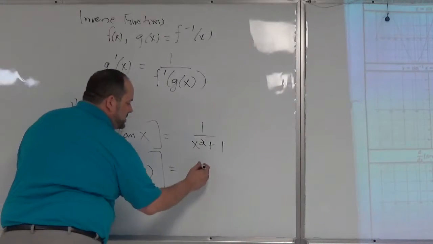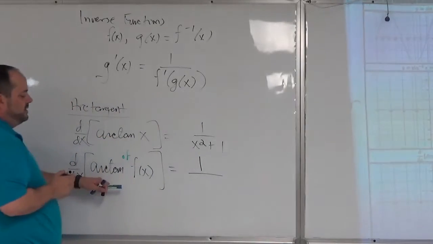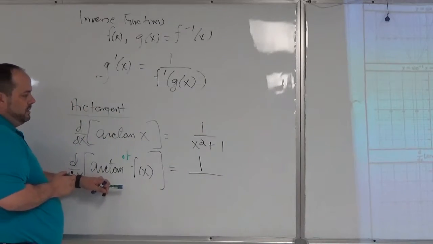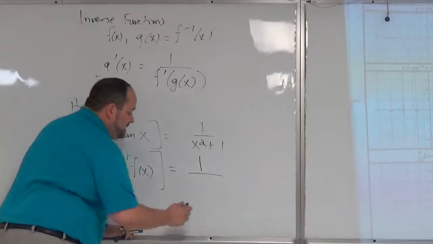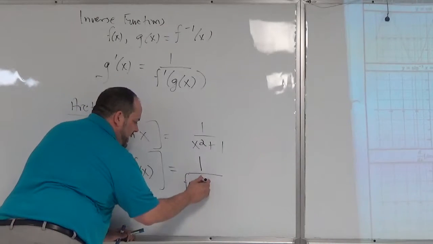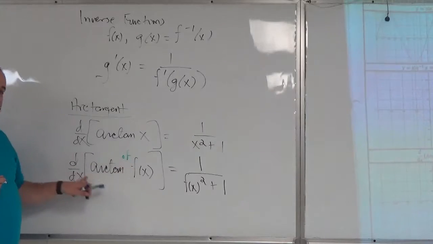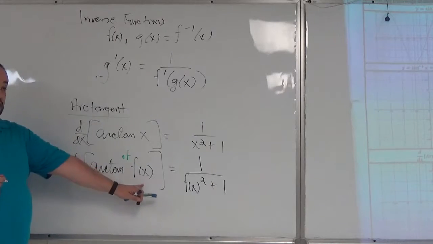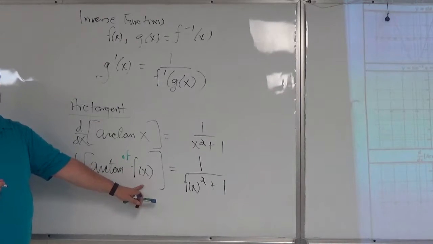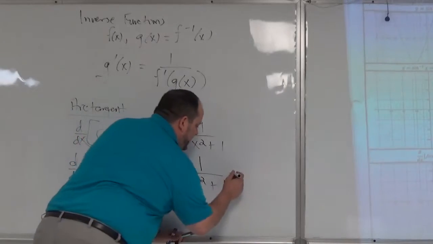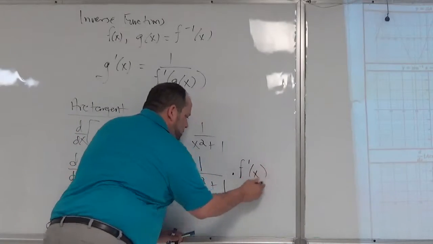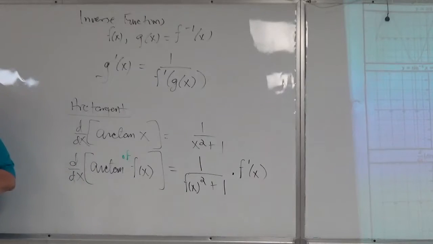The derivative of the mother function, so this is going to be 1 over, it used to be 1 over x squared plus 1, this has to be 1 over f of x squared plus 1. That's taking the derivative of the mother function, leaving her baby alone, don't stop, times the derivative of the baby, which is f prime. That's one of the inverse trig functions that we need to know.